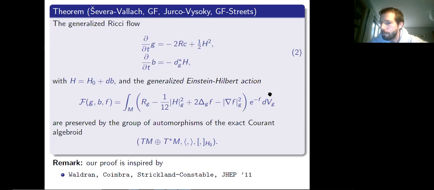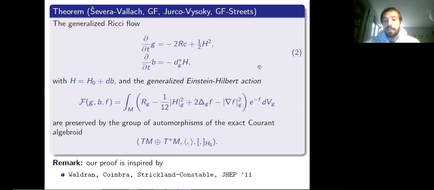And then it's not the volume of the metric that you need to use for integrating, but this twisted volume using the function itself. Well, the nice thing is that after gauge fixing, which has to be understood in the generalized sense, this generalized Ricci flow is a gradient flow for this generalized Einstein-Hilbert action.